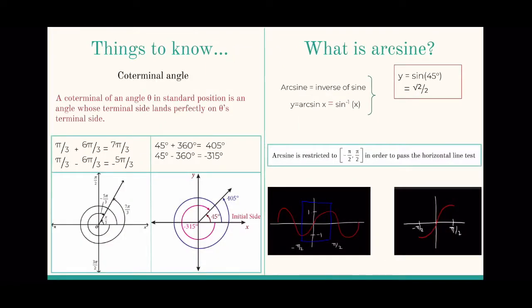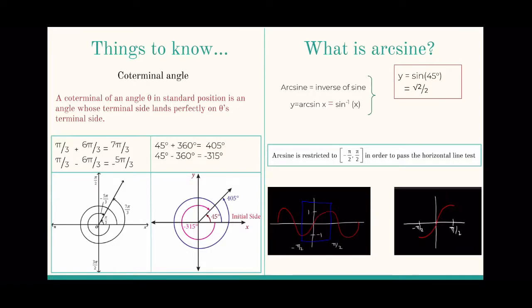Another thing you would want to know is coterminal angles. A coterminal angle of an angle in standard position is an angle whose terminal side lands perfectly on theta's terminal side. So basically what it's trying to tell you is that you make another loop around to the original terminal side to make a coterminal angle.